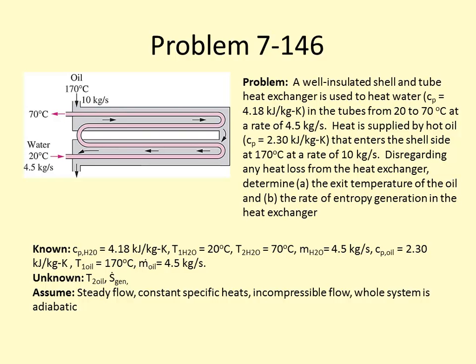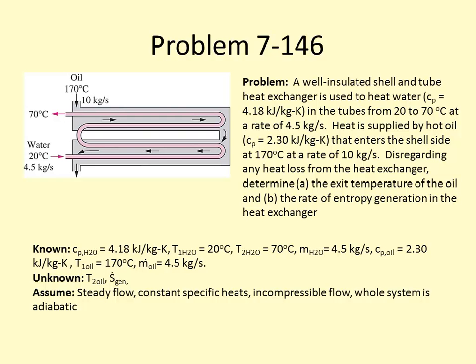So Q dot in is equal to the mass flow rate of the water times H2 minus H1, or because we're given C sub P of the water, we can say it's C sub P times T2 minus T1. So this is 4.5 kilograms per second multiplied by 4.18 kilojoules per kilogram Kelvin multiplied by the temperature difference.